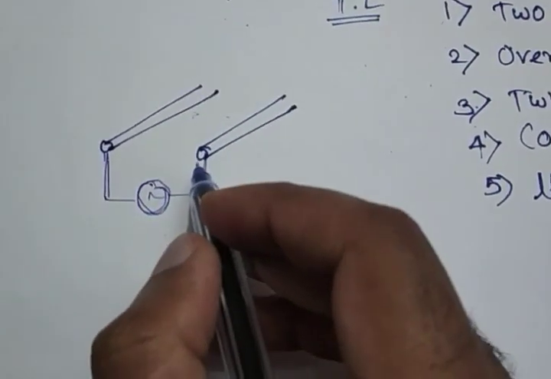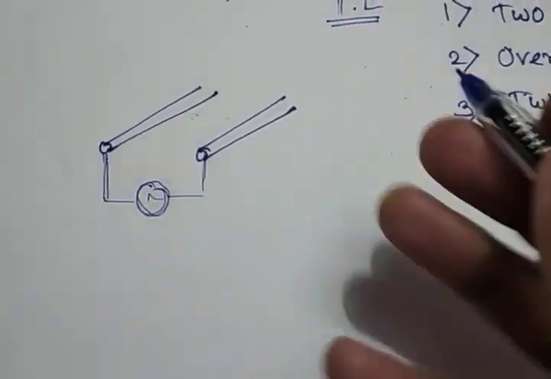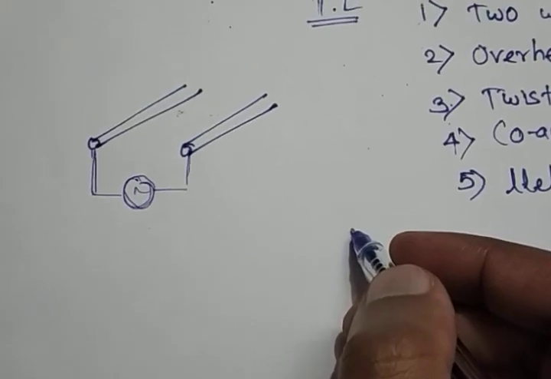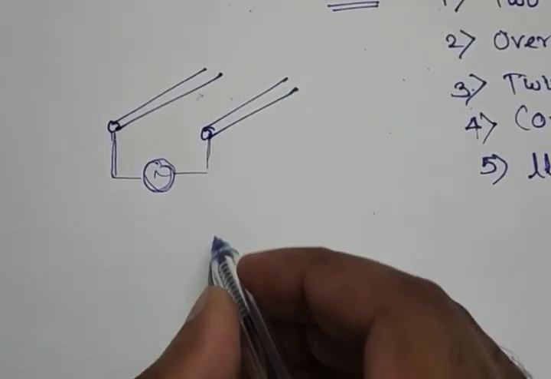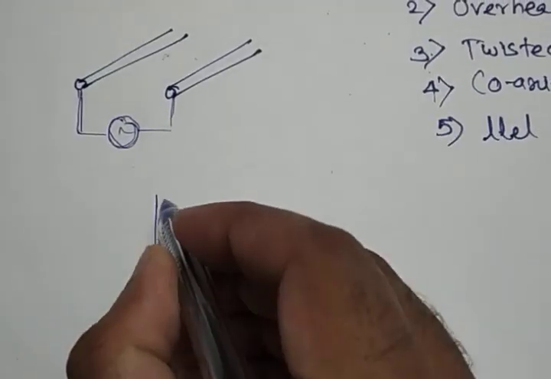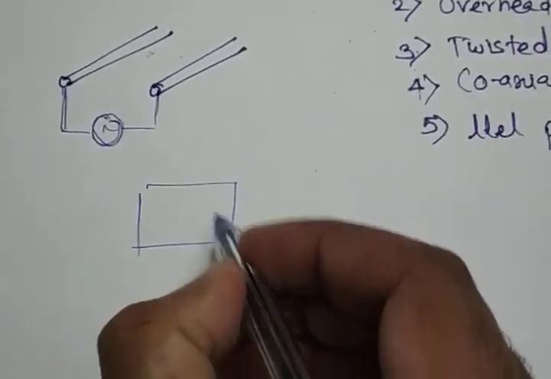So this may be the 2 wire, or we can also have, say, a microstrip line. Normally nowadays antennas use microstrip lines. I will show you how they look.